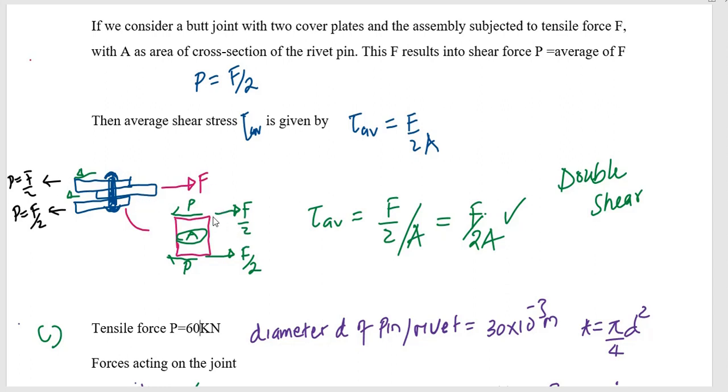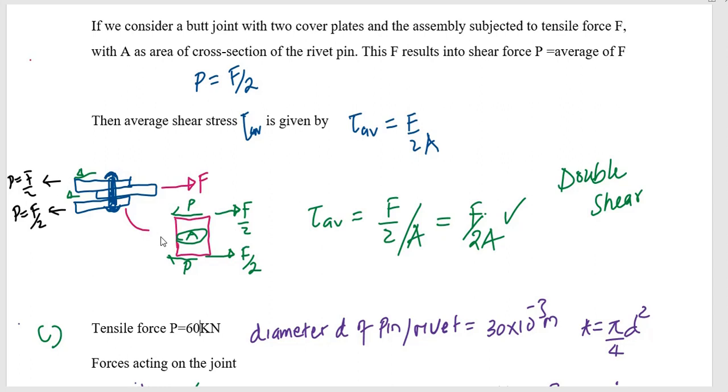So if I apply tensile forces at the end of this joint, then these shear forces on one pin here are going to divide into two forces, F out of 2, F out of 2, and these are the forces which are responsible for shearing out this pin. When you look at this pin in a double shear, it will shear out into 3 pieces.